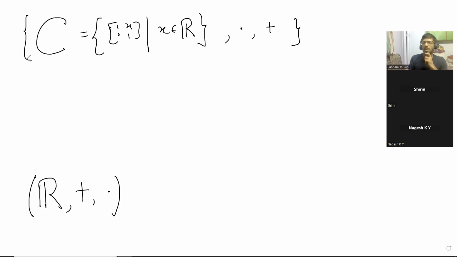So am I writing something correct or wrong? Does this collection have a multiplication? Yes or no? Yes. Yes, sir. Okay. Does this collection have an addition? No. We don't have addition. That's what I wrote there is wrong.